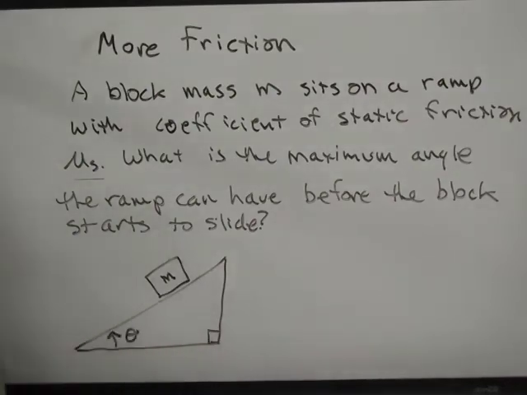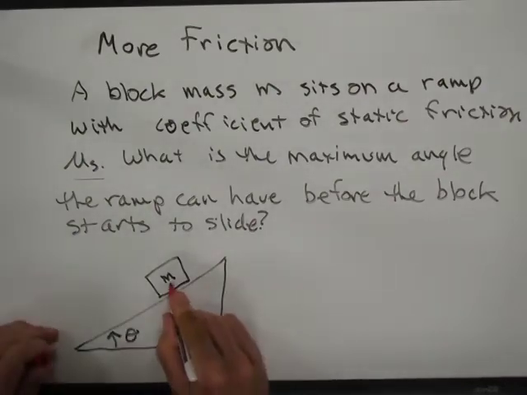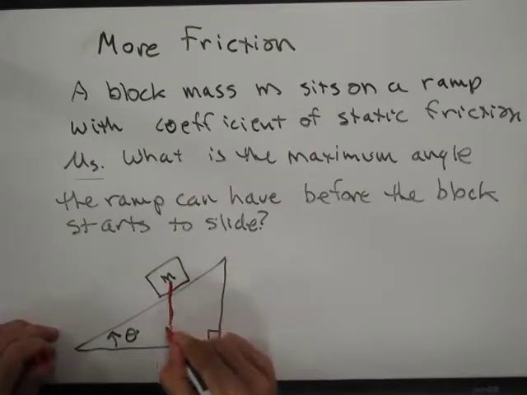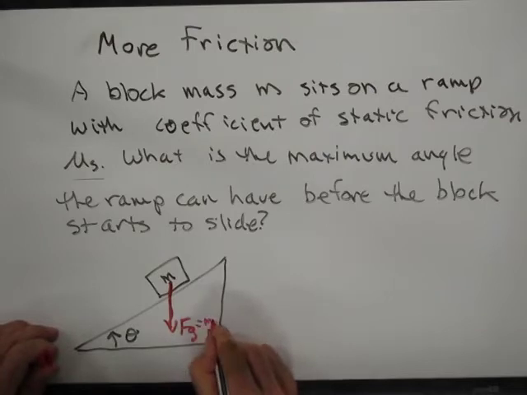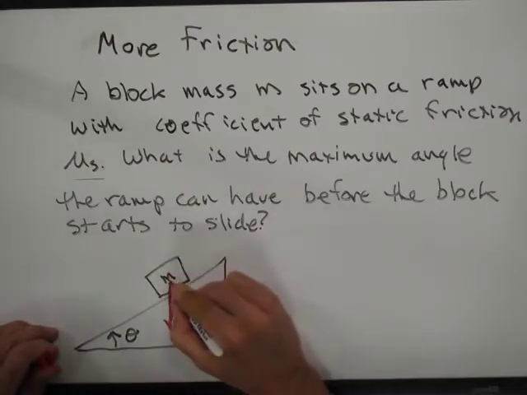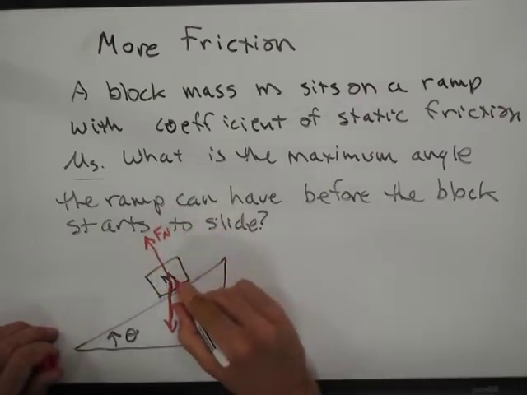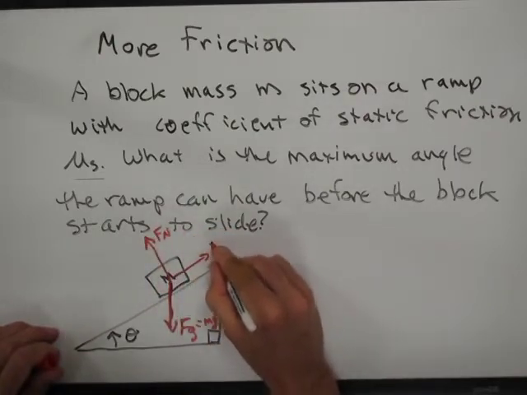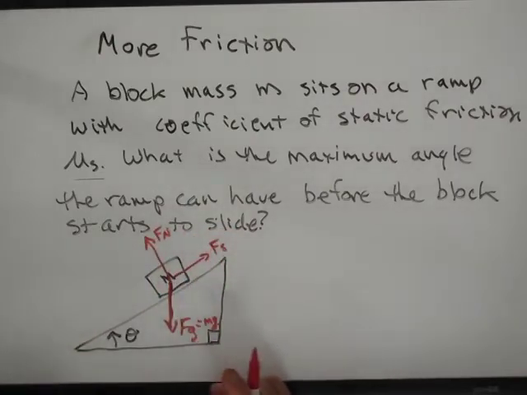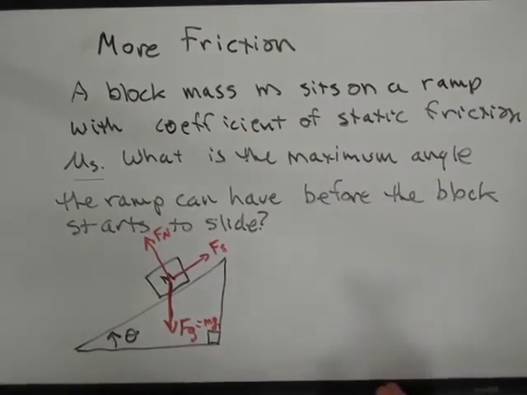And so we'll start by just drawing some forces here. There's my force of gravity, equals mg. I've got a normal force perpendicular to the contact surface. And now I've got a friction force in this problem: my force is static friction. And so we're trying to use this to figure out theta.